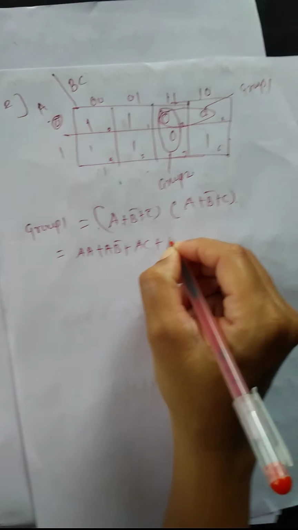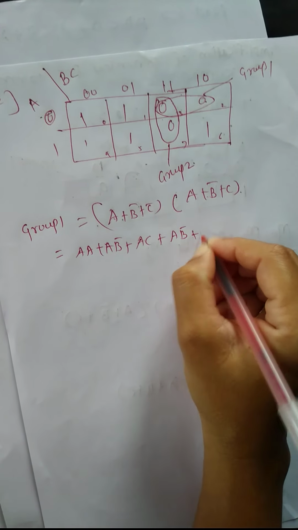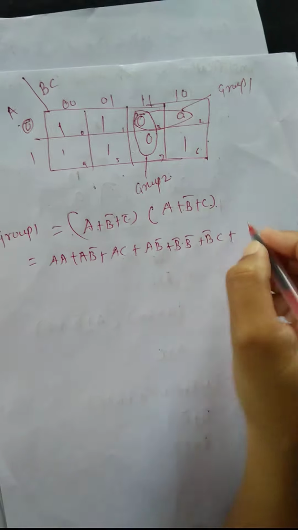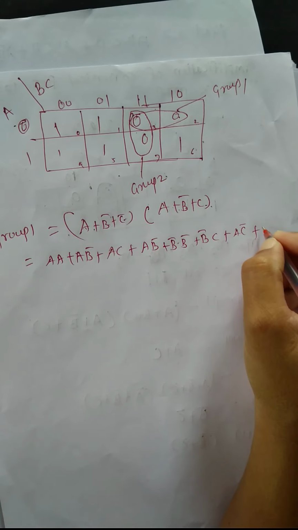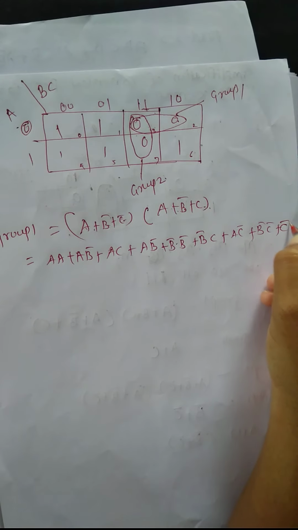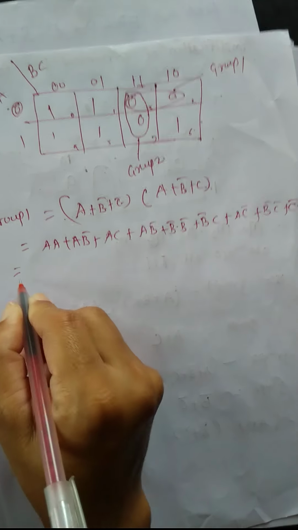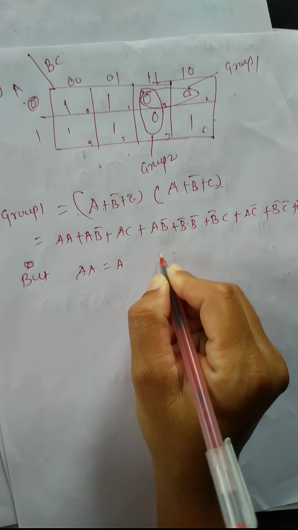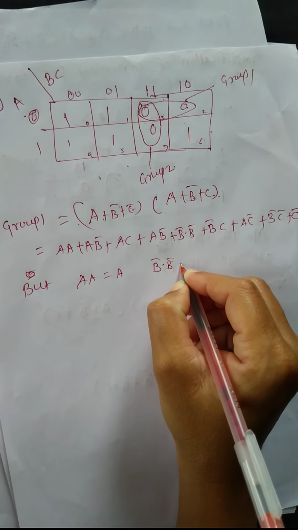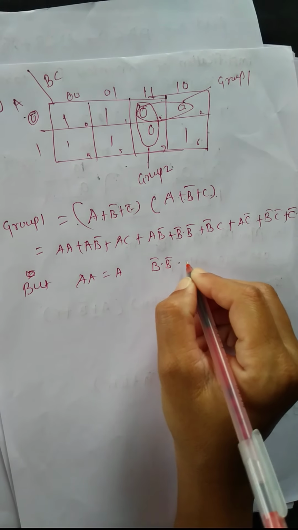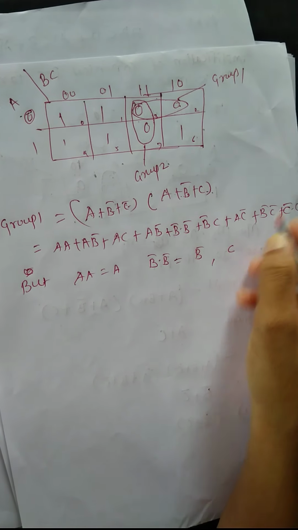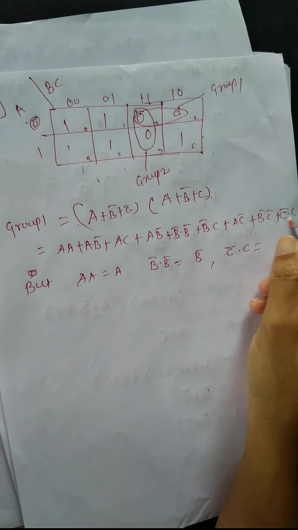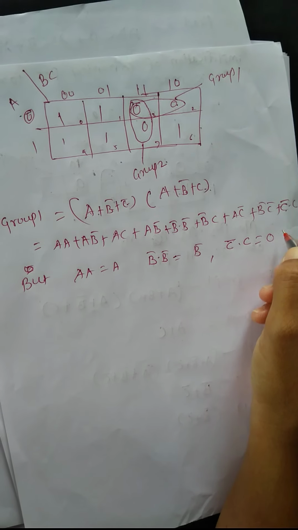Next a b bar, then b bar into b bar, b bar into c, b bar c. Next a c bar, b bar c bar, and c bar into c. We use the laws: a into a is a, b bar into b bar is b bar, and c bar into c is 0, a bar into a is 0. The same law applies to c into c bar, which is 0.